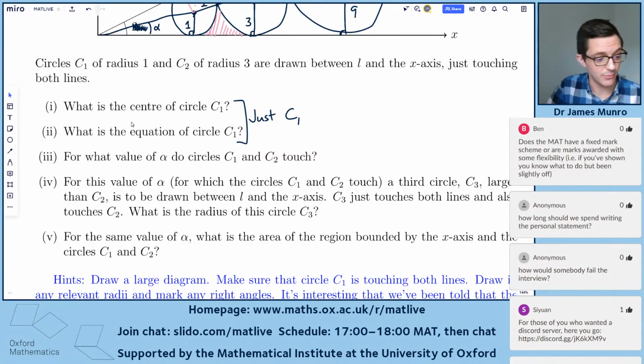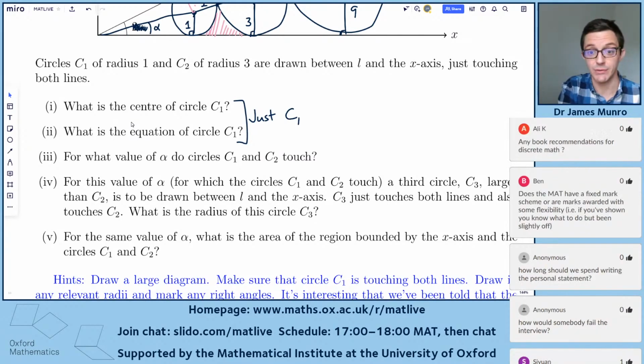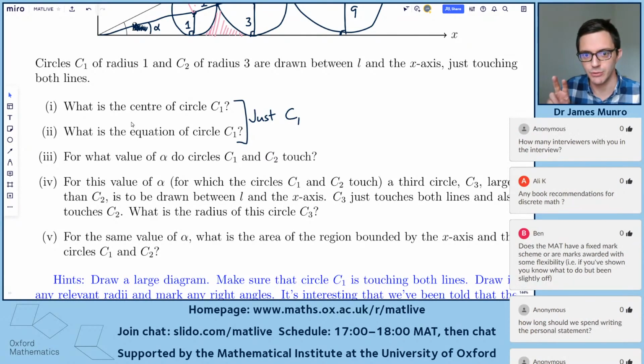How many interviewers? 2 interviewers, or sometimes 1 interviewer and 1 person who's taking notes and keeping track of what's going on. At least 2 of us, maybe 3, but usually 2 of us, 1 of you.